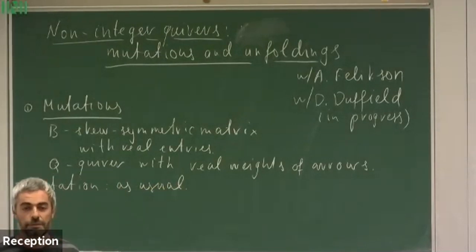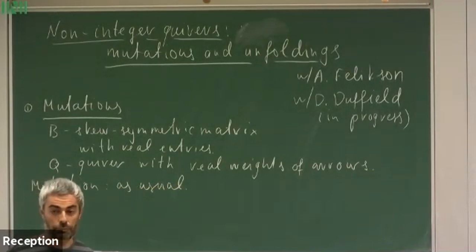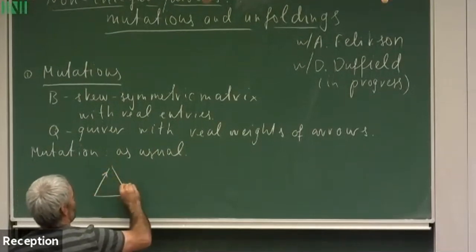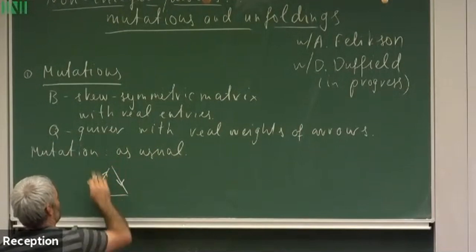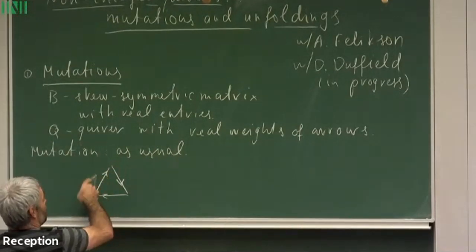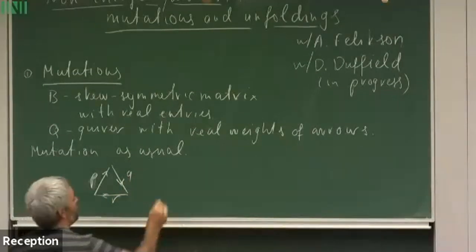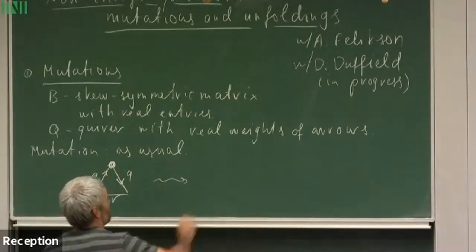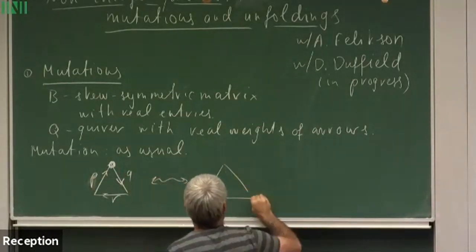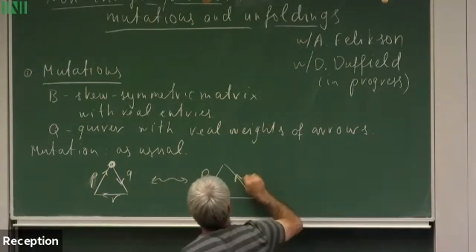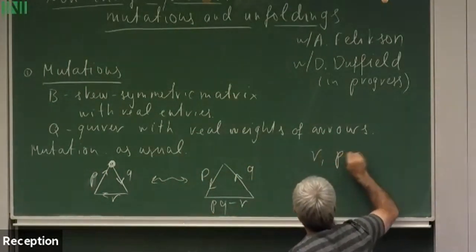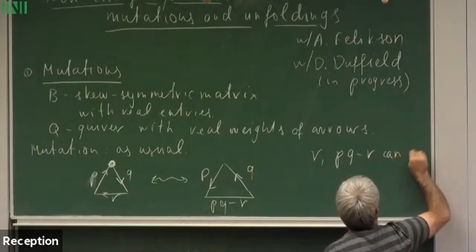The rule for mutating a skew-symmetric matrix B from Zelinsky, we just use exactly. So if we have a quiver with weights P, Q, and R, and we mutate it at this vertex, then we will get a quiver with weights in both directions, R and minus R, where R and minus R can be negative.